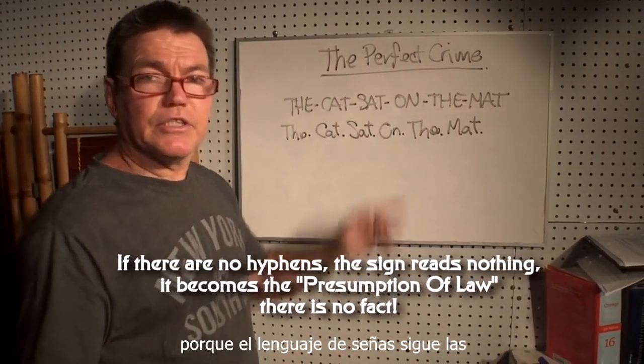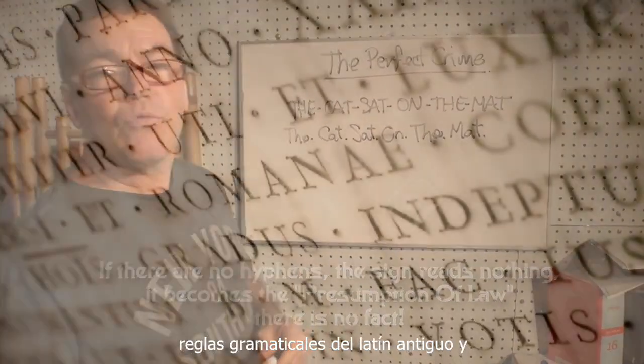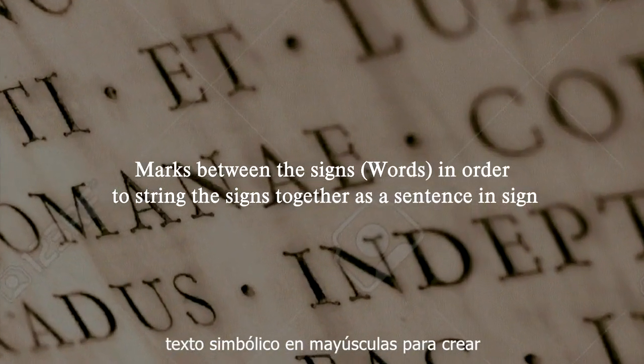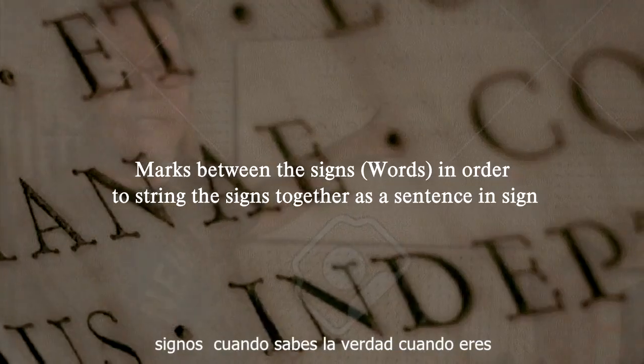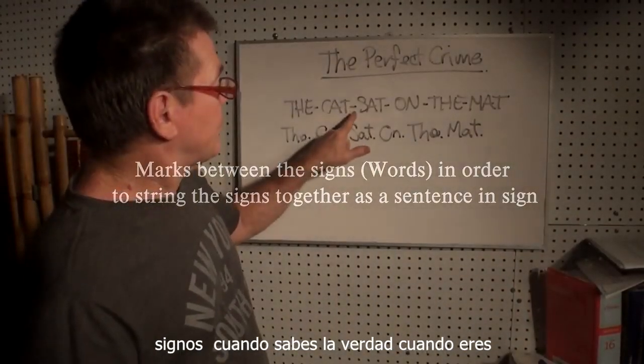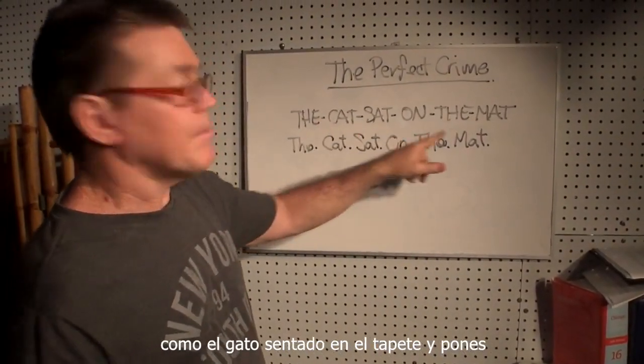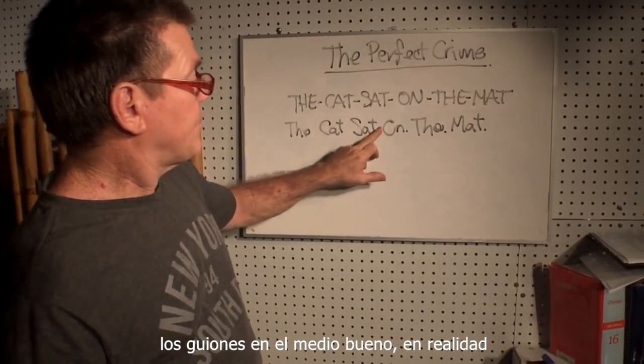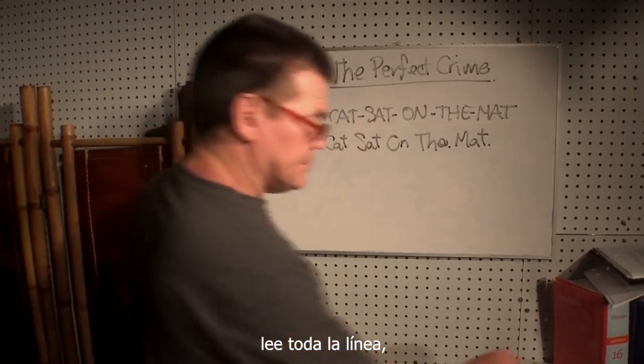Because sign language follows the grammatical rules of ancient Latin, and it also uses ancient Latin, which is the all uppercase symbolic text, to create signs. So when you know the truth, when you write the cat sat on the mat and you put the hyphens in between, well, it actually reads the whole lot.